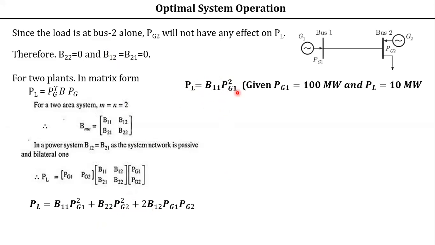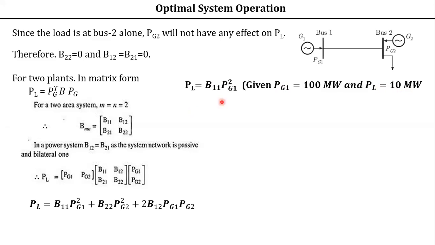Now PG1 has been given: the power transferred from plant 1 to the load is 100 megawatt. In the problem it has been given. While transmitting this 100 megawatt from plant 1 to the load, it incurs a transmission loss of 10 megawatt, so PL has been given as 10 megawatt.